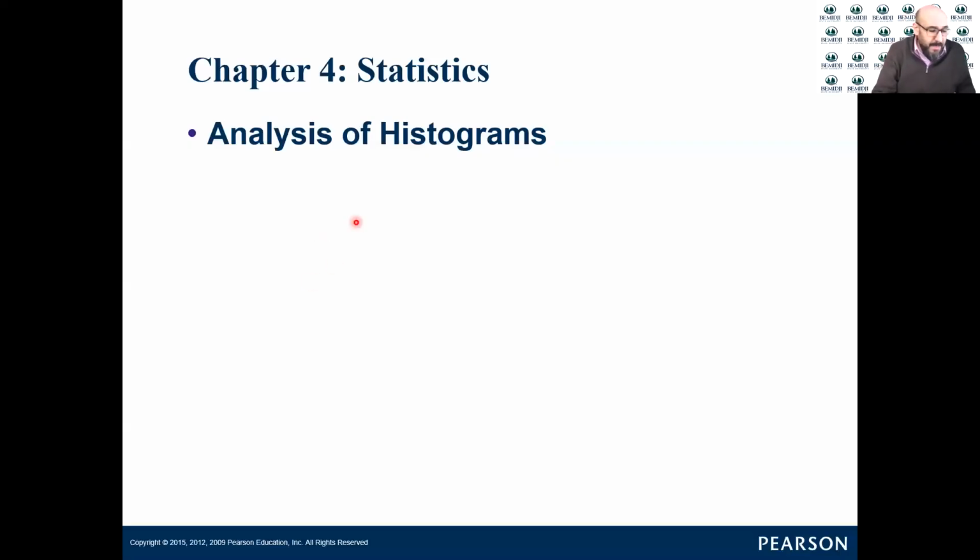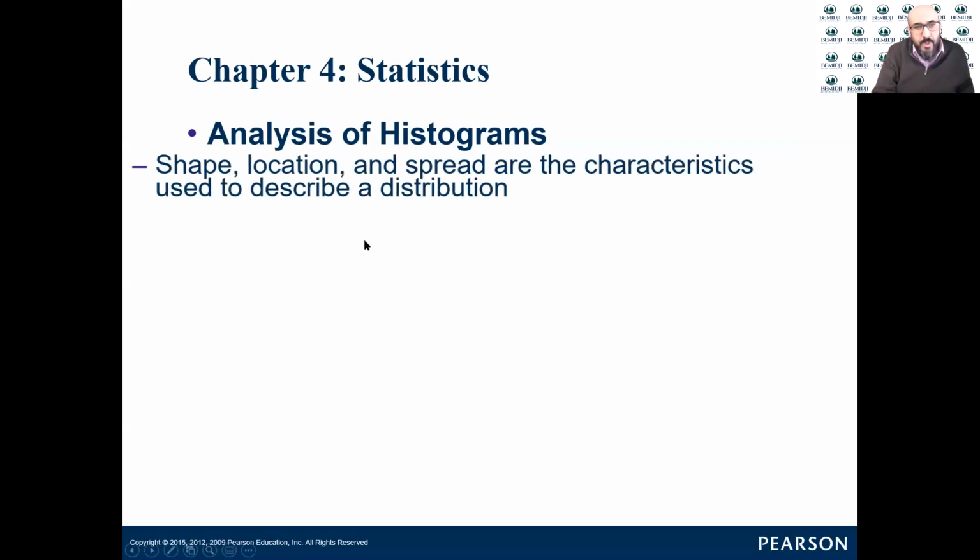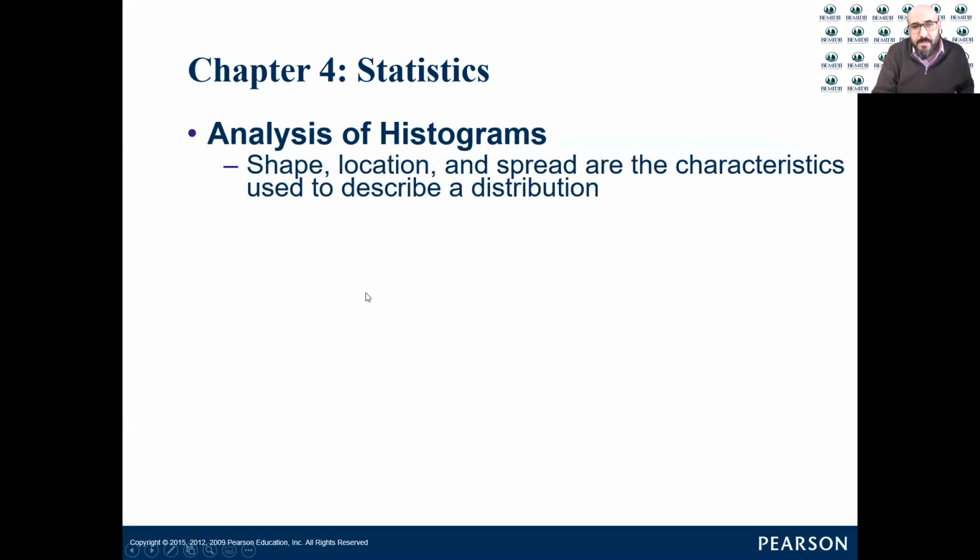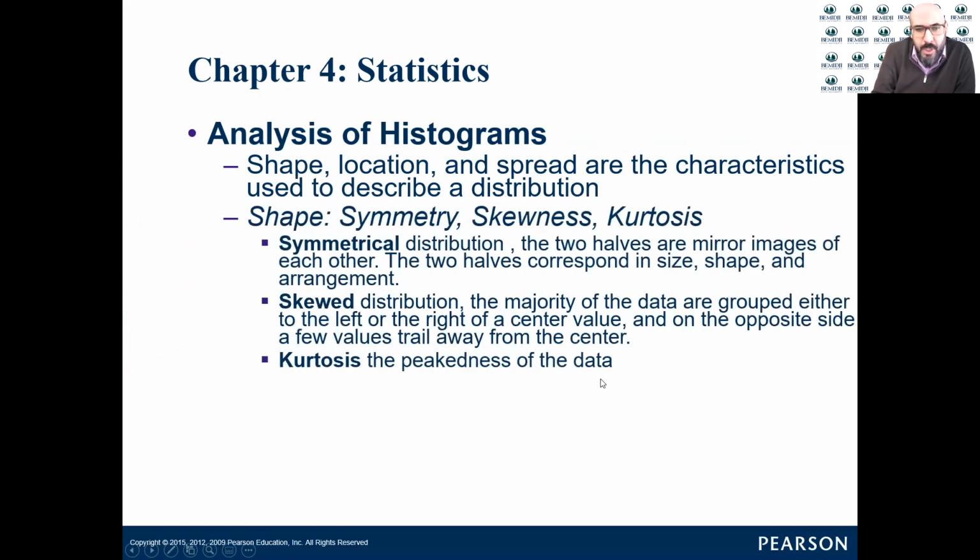So the last step, as I mentioned, is to interpret the histogram, and this is based on the shape of the data, how the shape looks, and the spread of the data. These characteristics, the shape, location, and spread, we use to describe the distribution. And the shape will look like symmetry, skewness, and kurtosis.